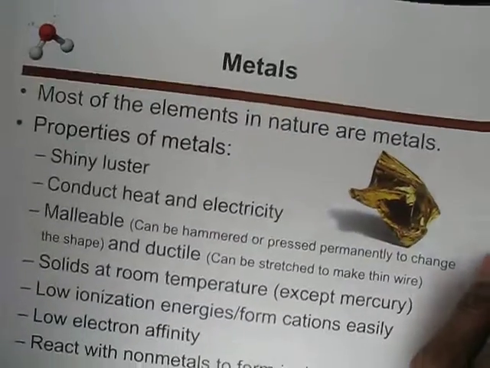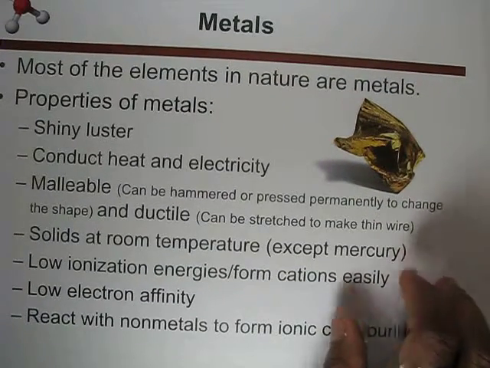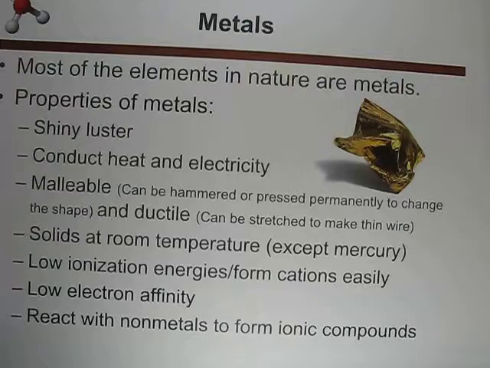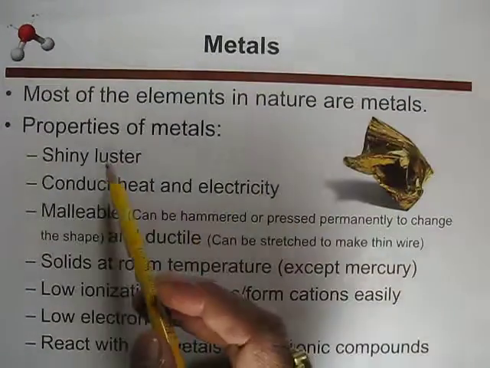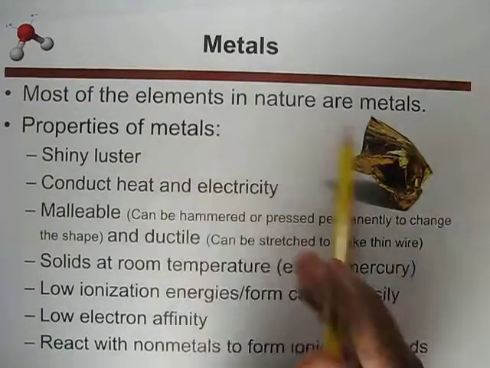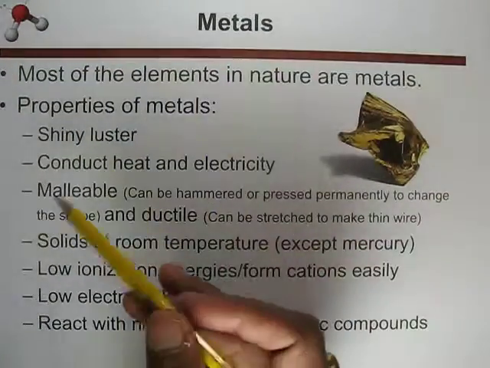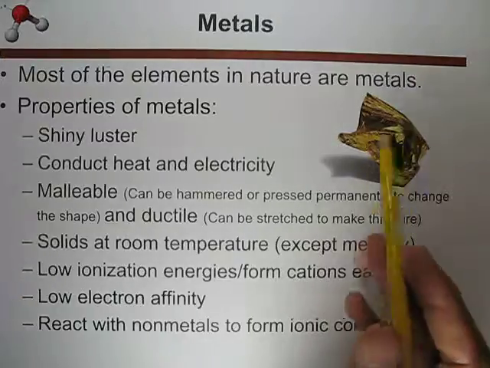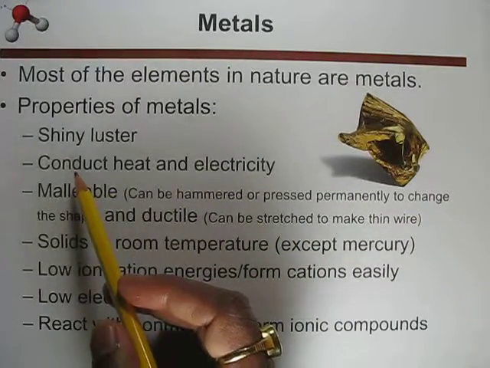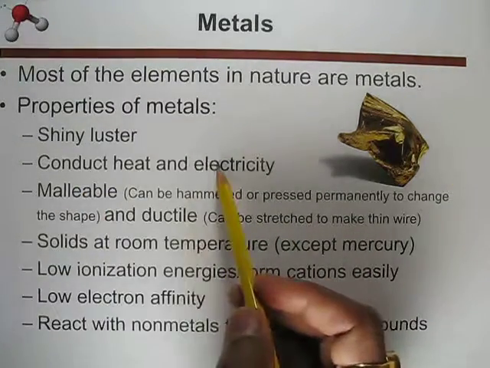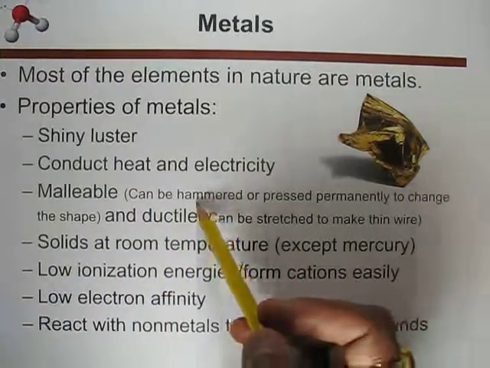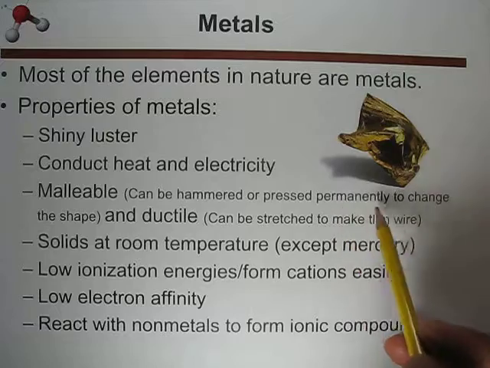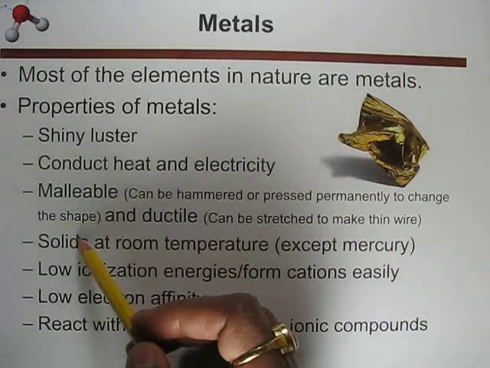And then let's see more detail about the metals. Most of the elements in nature are metals. Properties of metals: what are the properties? They have shiny luster, they shine very nicely, and they conduct heat and electricity. They are malleable. Malleable means can be hammered and pressed permanently to change the shape.